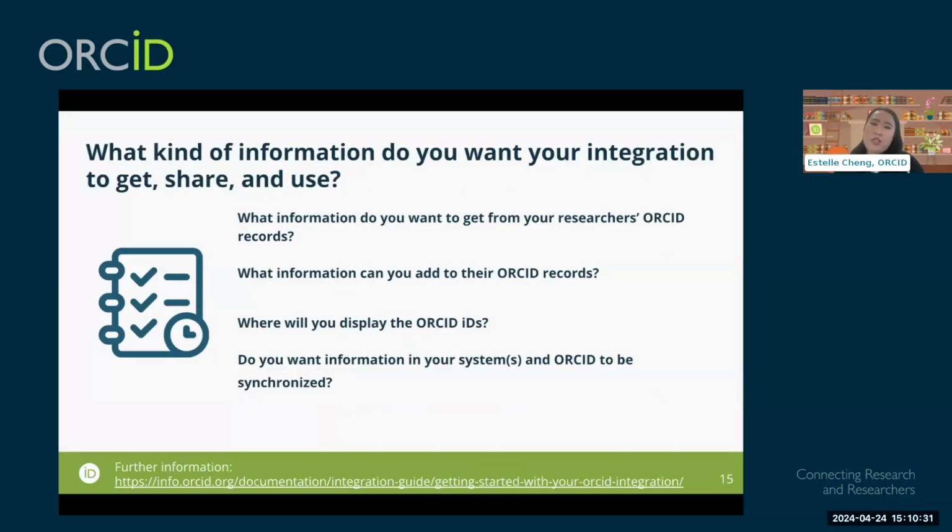Think about what information you want to add to your researchers' ORCID records. And where will you display those IDs? In a web page or on any particular occasions? And how are you going to plan for your information to be synchronized with ORCID? These are very important to reflect on during the planning stage, to ensure you can have a successful integration.